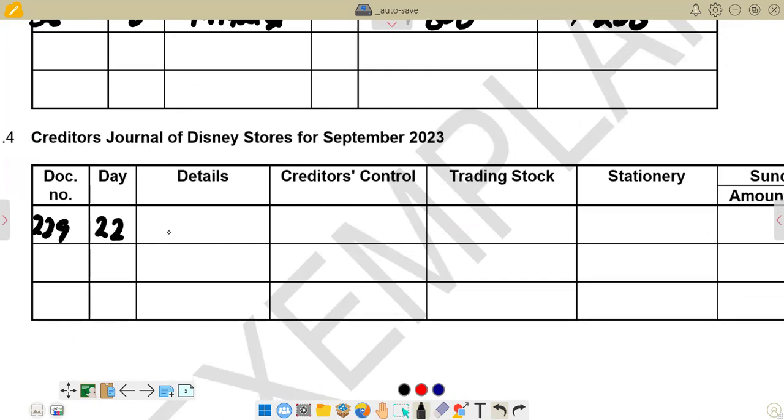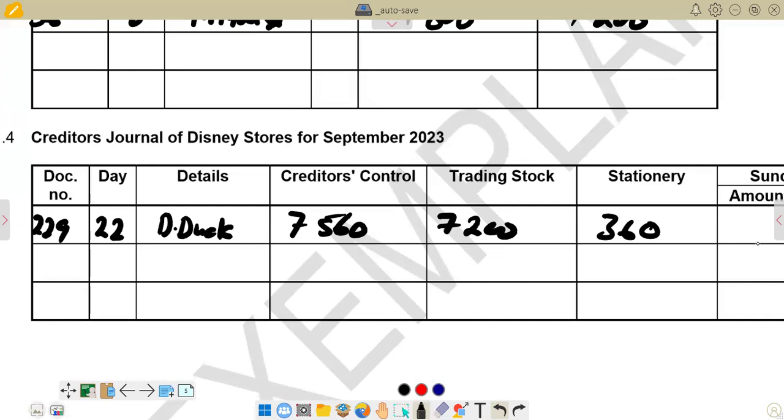Our details, we are going to say creditors control, 7,560. Remember we added our 7,200 plus 360 to get the total of 7,560. That is the total for our trading stock and stationery. So if we break it down, for trading stock we get the figure of 7,200. Then for stationery it's 360.